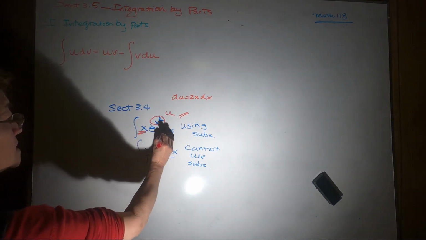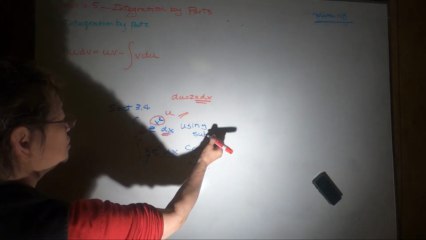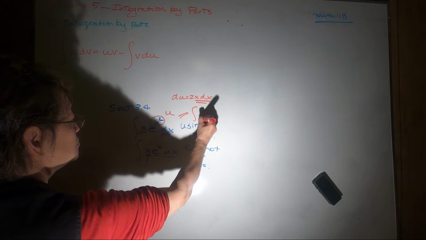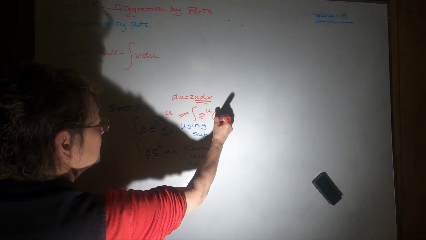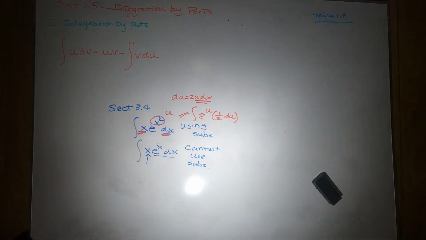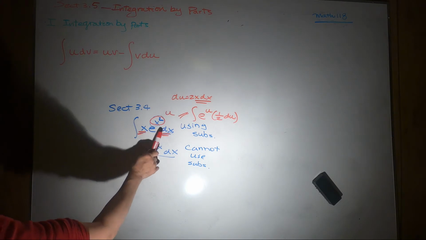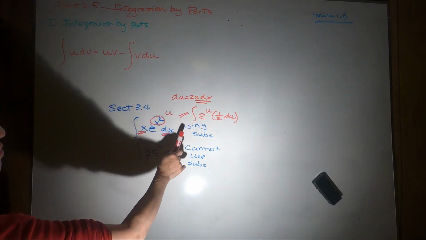Then you replace this part, so x dx will be half of du, so you end up with e to the u, then half of du from your previous section, right?